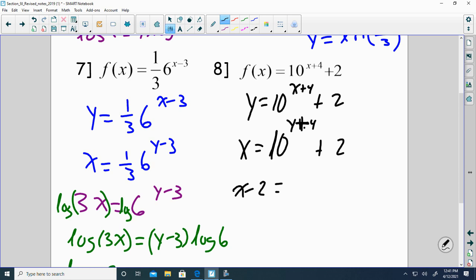Subtract 2. Okay. I would go ahead and do log of both sides. If I do log of both sides, log and 10 would cancel each other out.